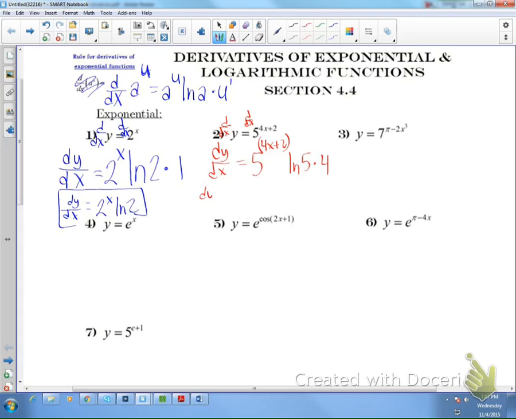Okay, so we have then dy/dx equals, can we simplify that at all? Not really, because this base 5 has a bunch of mumbo jumbo up in the top. Oftentimes though we like to see the 4 in front, right, because it's the coefficient. All I would really do is maybe just rearrange it, putting the 4 in front. Okay? I want you to go through and try 3 and 4.